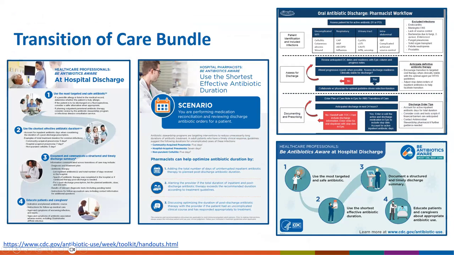And the bundle also links to CDC-funded resources developed by the Henry Ford Healthcare System to implement stewardship at hospital discharge. So this is an example of the transition of care, but it's very similar for outpatient, nursing homes, as well as acute care. Next slide.